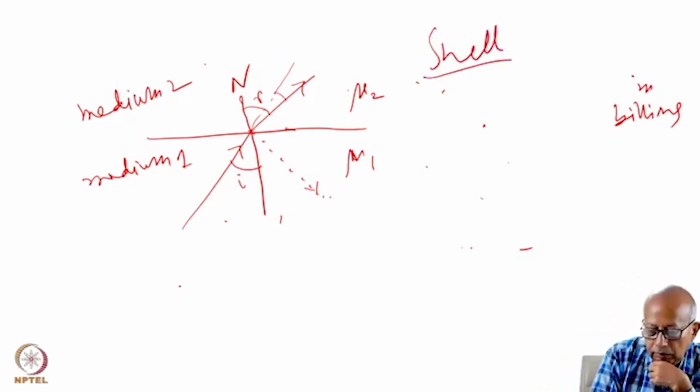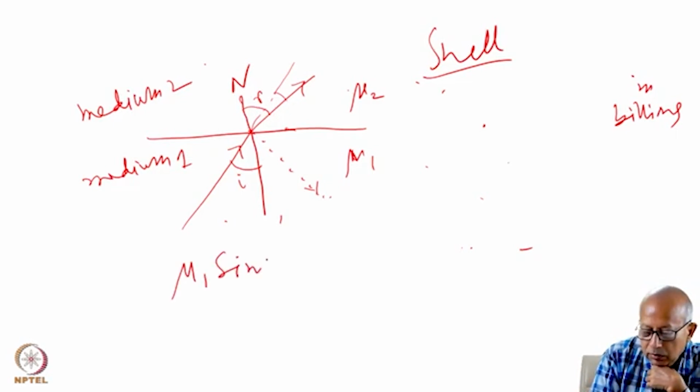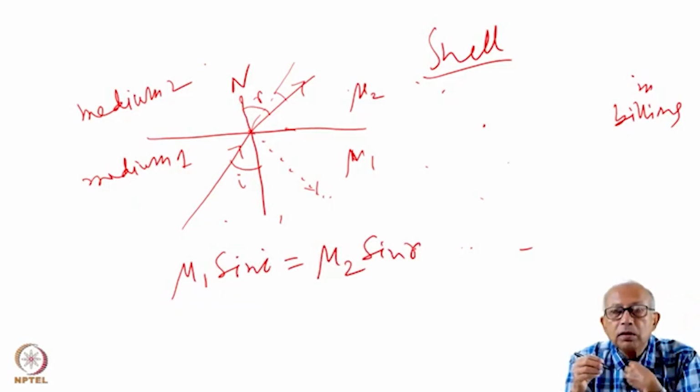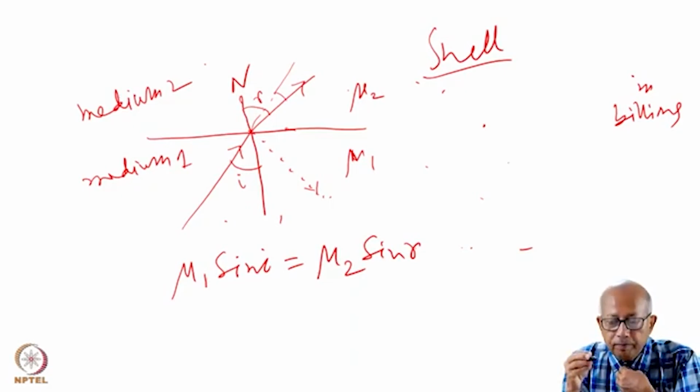And the relation between mu1 and mu2 and the angles of incidence I and refraction R is mu1 sin I equal to mu2 sin R. This is popularly known as Snell's law of refraction.